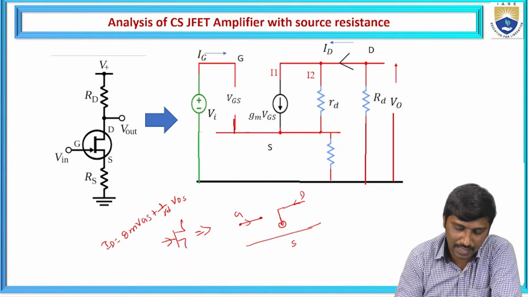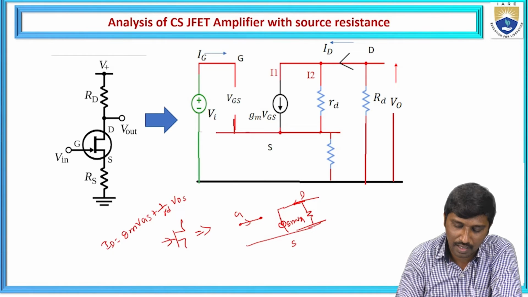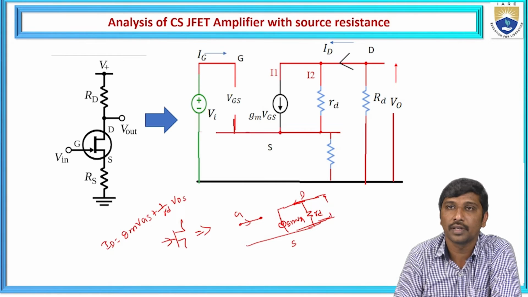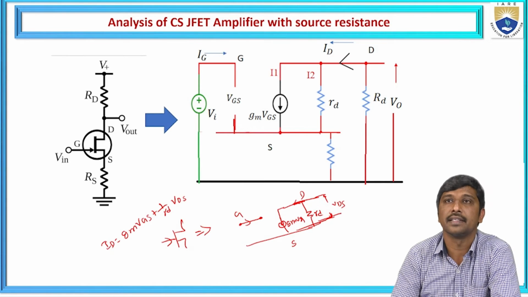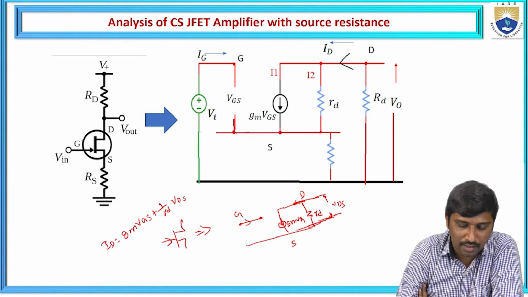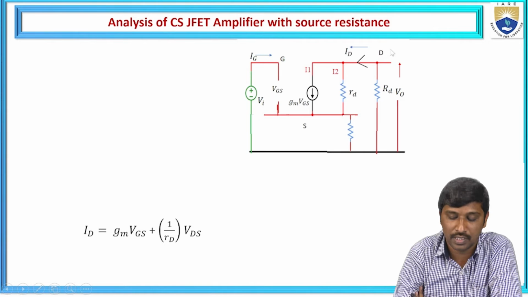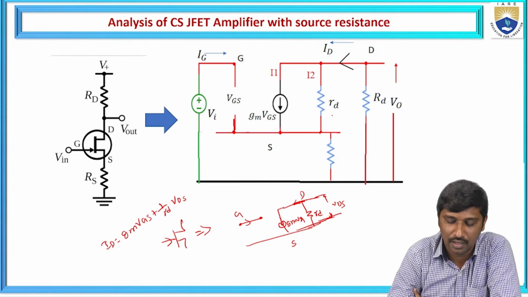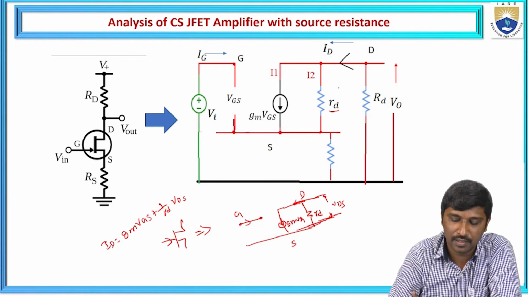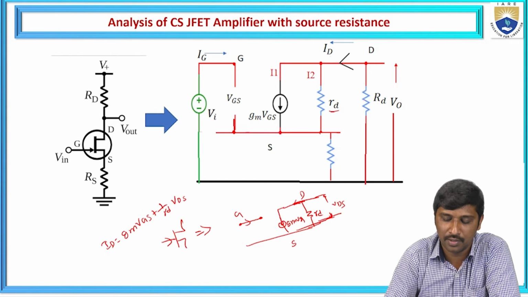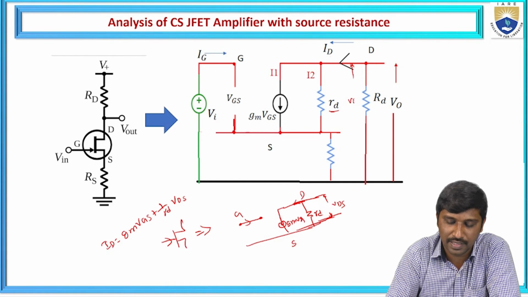Hence this is a current source, Gm into VGS, in parallel with the internal resistance, small RD, and across these two we observe the voltage VDS.